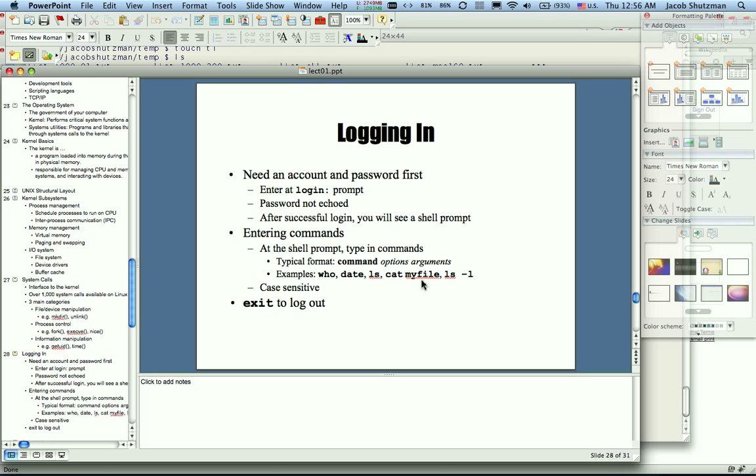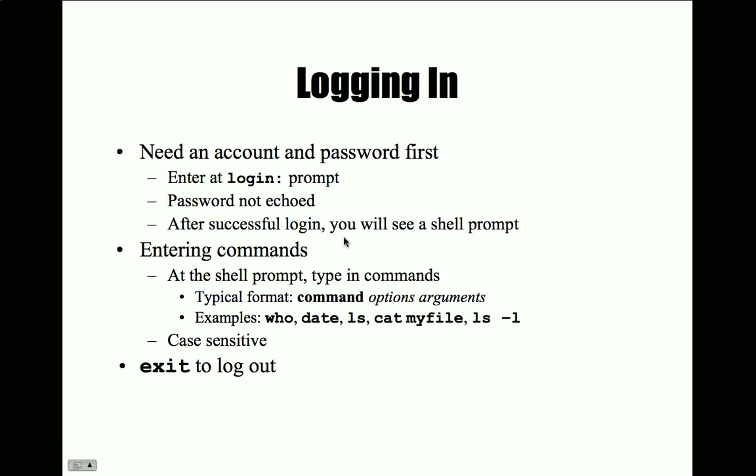We saw the command cat, which is a shortcut for concatenate, cat file name, and if we do exit, we'll get out of the shell or the Unix login. So let's not do exit yet, but let's go on to the next slide.